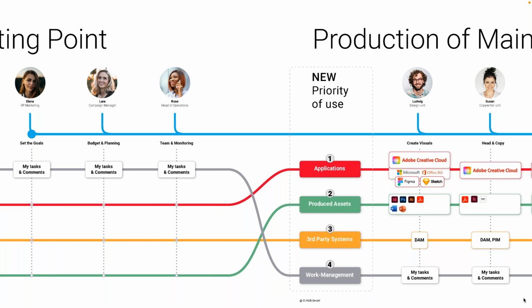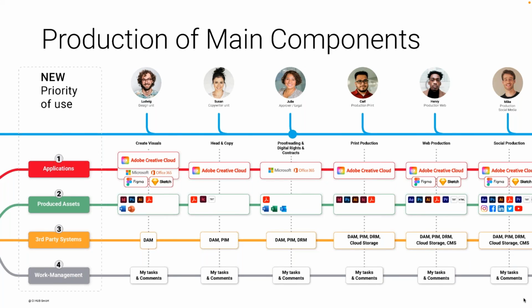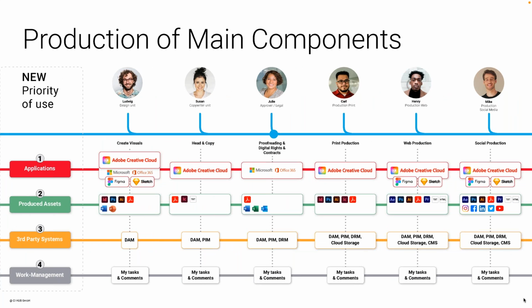And of course, the produced assets, and then the third-party systems could be a DAM or PIM or something like that, where all the assets are stored. So as you can see, the number of applications is increasing until it comes to the right-hand side, the social media production guys.